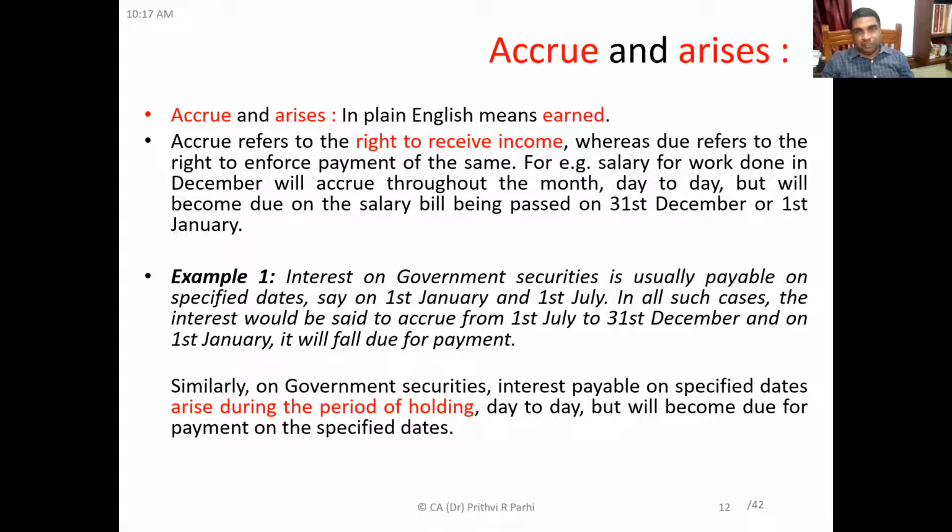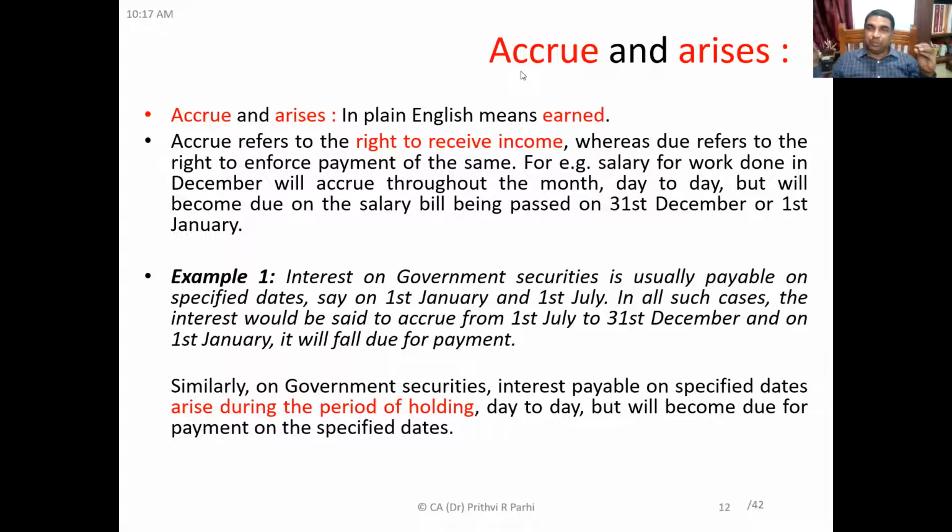I was explaining that we are trying to understand the meaning of accrue or arise. Income accruing or arising is different from income received. Received you can easily understand. Income is received, that means you are having the possession of that. But accruing or arising means you are not possessing it, but income is generated or earned.